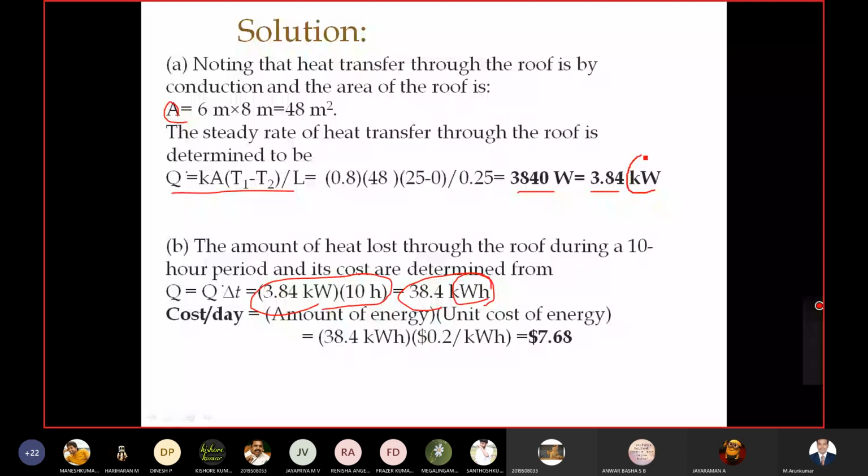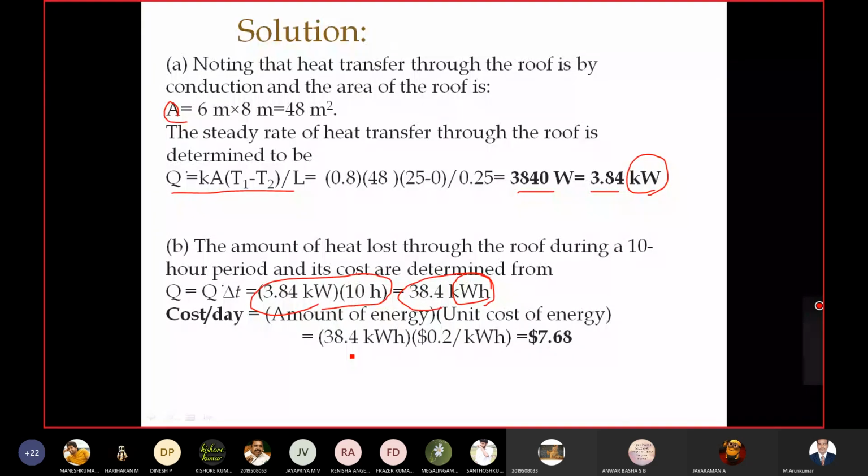Then we calculate the cost per day, meaning the amount of energy times the unit cost of energy. The amount of energy for the 10-hour period is 38.4 kilowatt hours, times $0.2, which gives the cost per day, approximately $7.68.